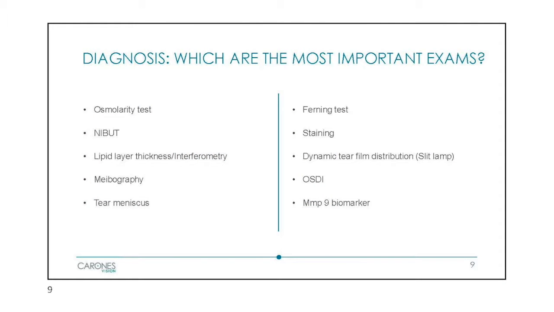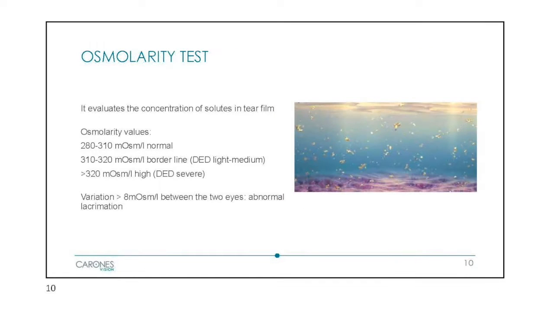I think that if you find some data like the ones that you can see, if the patient has a condition that is over 320 milliosmol per liter, or the two eyes have a difference between the two that is higher than 80 milliosmol per liter, that means that the tear film is not stable, and so the patient suffers from dry eye disease.